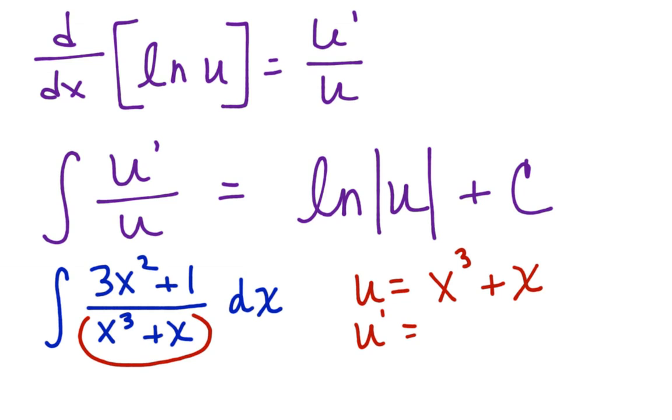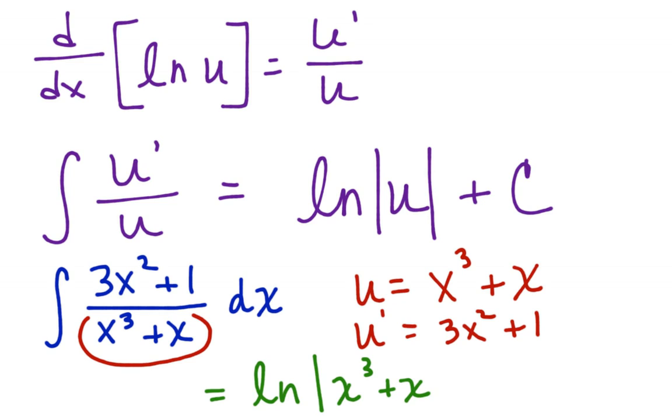Well, u prime is 3x squared plus 1. And that's it exactly. So what is my integral, or the antiderivative? Natural log of the absolute value of u, which we said is x cubed plus x, plus a constant.